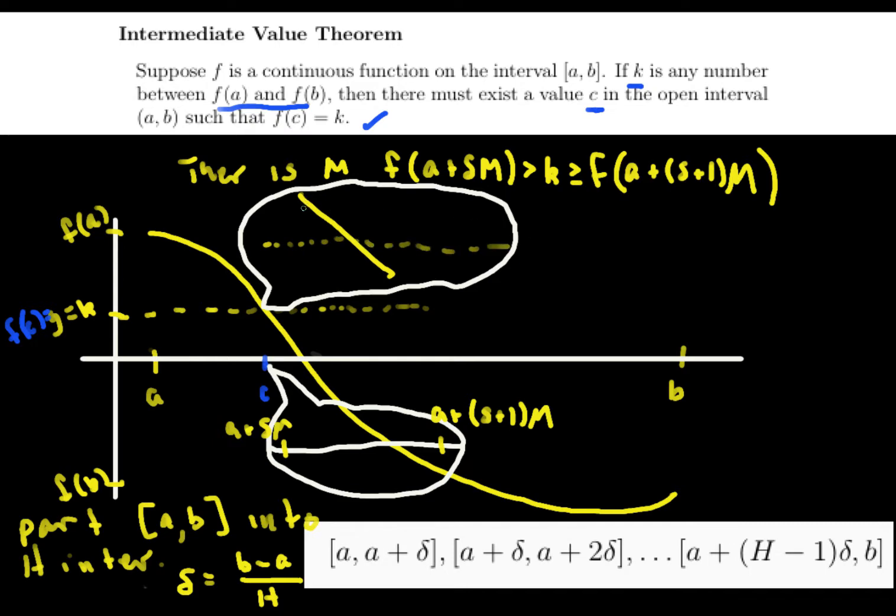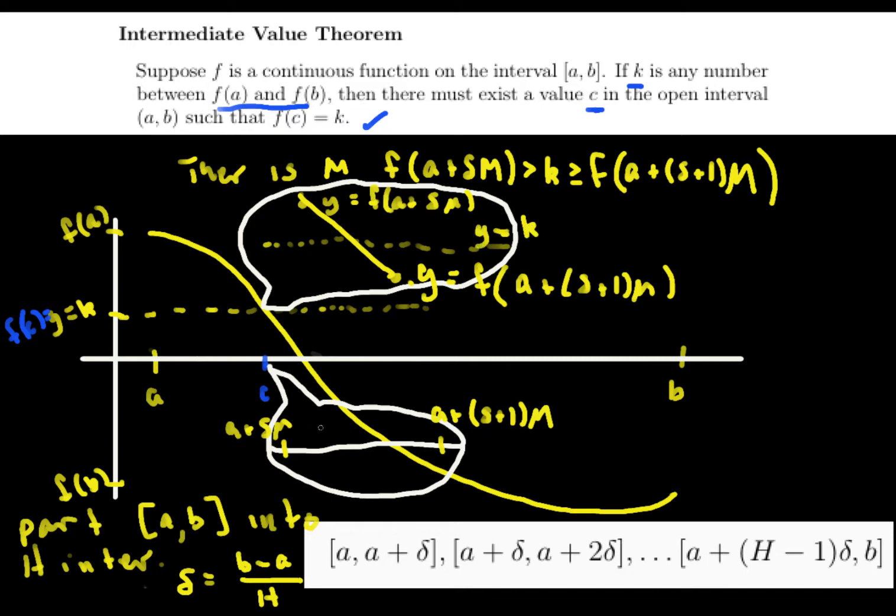And I know that at this point here, y is equal to f of a plus delta m. And down here, I have that y is equal to f of a plus delta times m plus 1. And this line is y equals k.